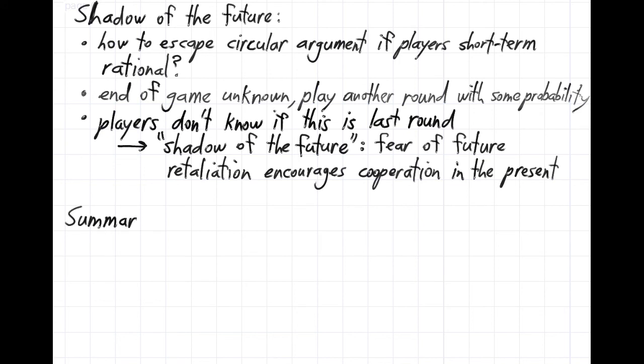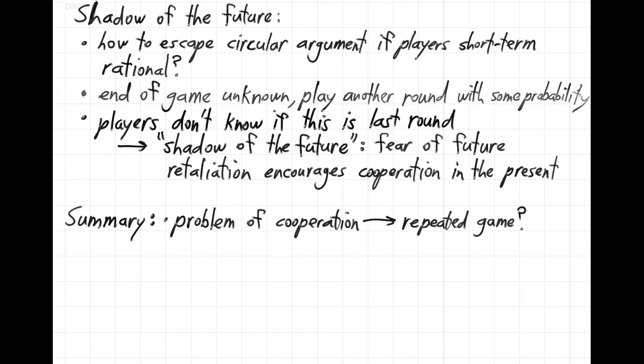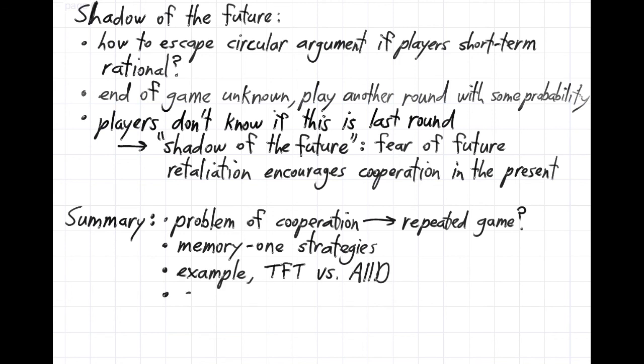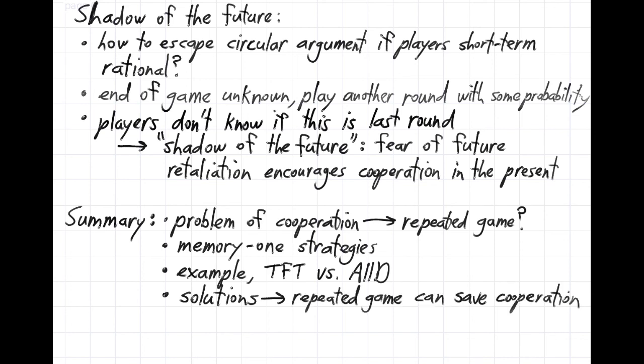Let's just review what we covered today. First of all, we looked at the problem of cooperation. And we explored the idea that maybe repeated games could help maintain it. To study repeated games, we introduced a concept of memory one strategies. We looked at a particular pair of memory one strategies, and that was tit for tat versus all D. We applied our solution concepts, and we saw that repeating a game can help save cooperation, at least in the specific case of these two strategies we looked at.